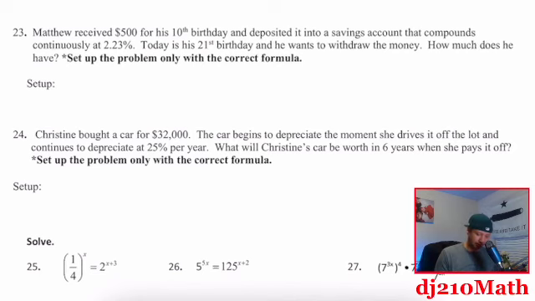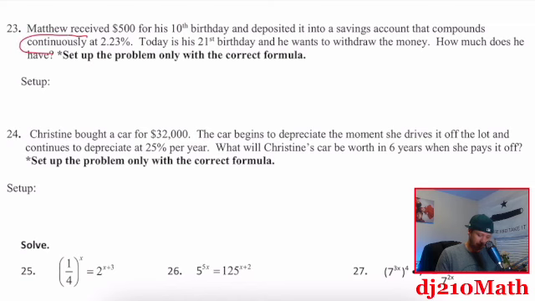So this is the same exact formula that we just used. Today is his 21st birthday, and he wants to withdraw the money. How much does he have? Set up the problem only with the correct formula.